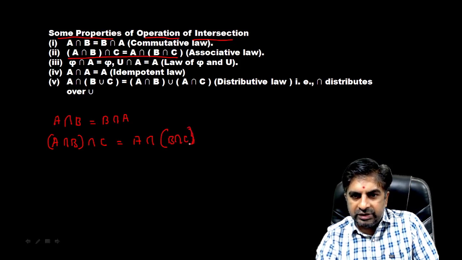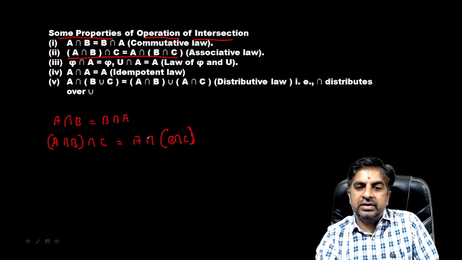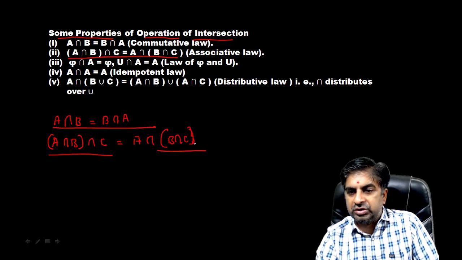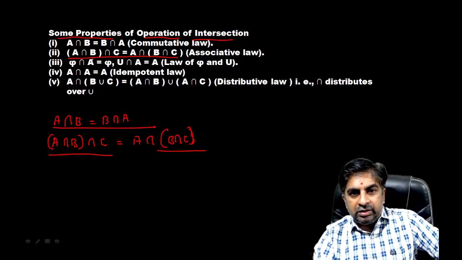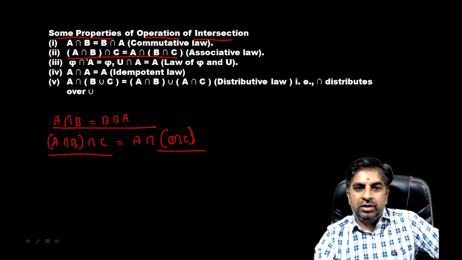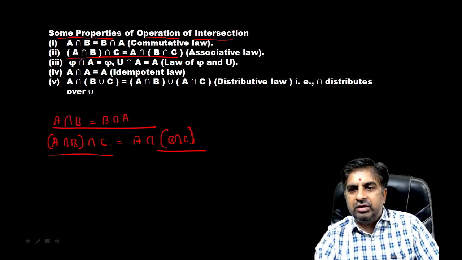So first you do this, then if you intersect that with A, you will get the same answer. So this is associative, 3 associative, 2 commutative. Now null set intersection A means nothing is going to intersect A, so the answer will be null set.